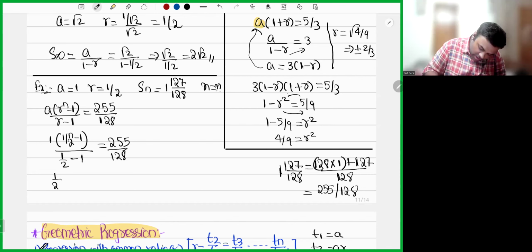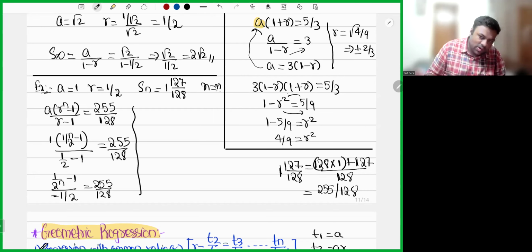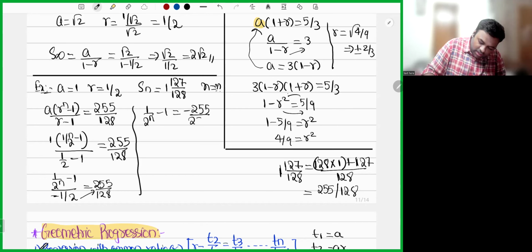So 1 by 2 power n minus 1 divided by minus 1 by 2 is equals to 255 by 128. See, when you are solving in the examination, this detail you should not solve. You should jump directly from this step. Cross multiplication. 1 by 2 power n minus 1 is equals to minus 255 divided by 256.